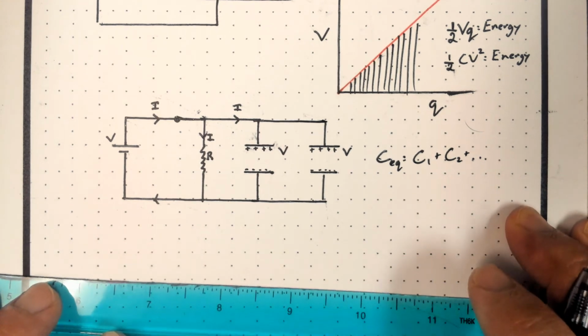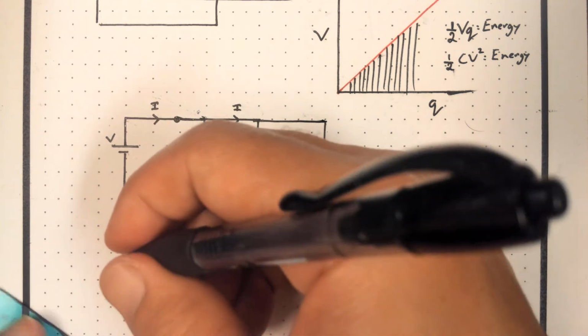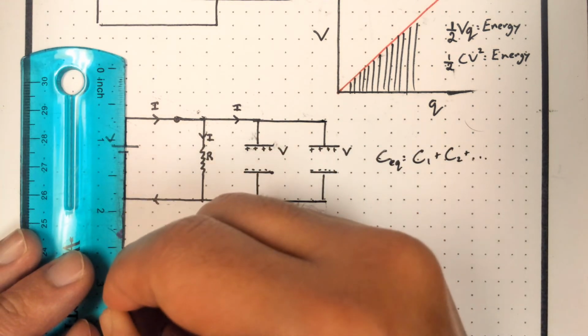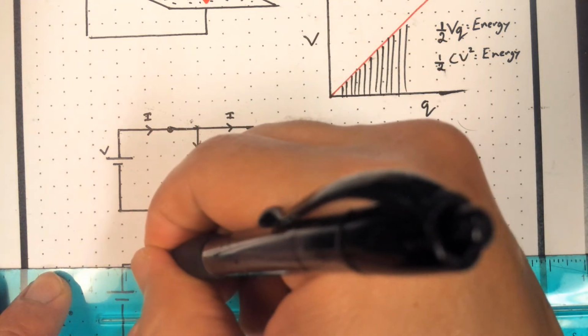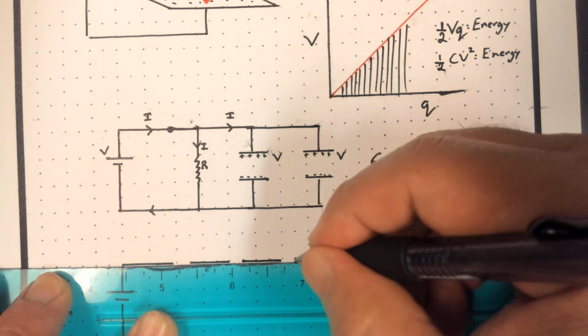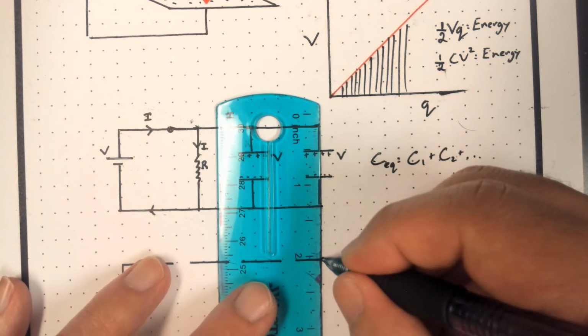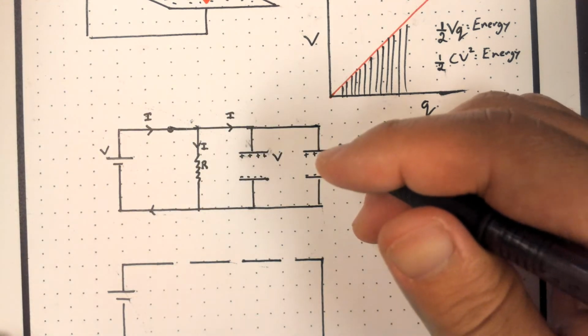Which begs the question, if you had capacitors in series instead, how would you add them? And if you noticed, capacitors in parallel are just like adding resistors in series. So you would kind of think that maybe capacitors in series would be much like resistors in parallel, and you'd be right.